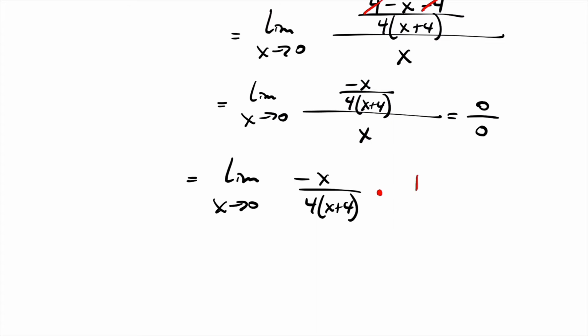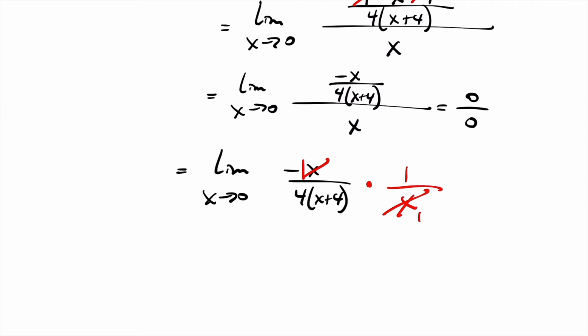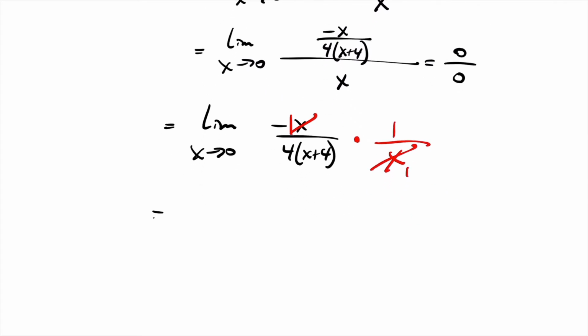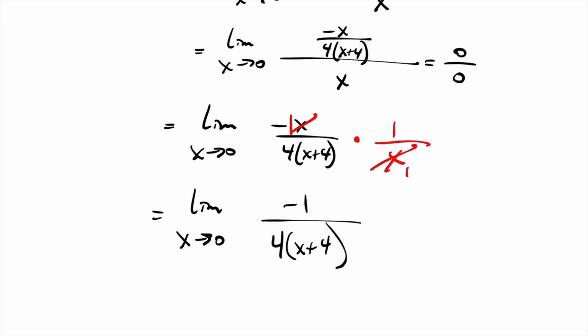So instead of divided by x, it's going to be times 1 over x. Now, when I do that, what happens? The x's will cancel out, yeah. This guy goes away, that guy goes away. So I still have a -1 there. So I have -1 on top, and then 4x plus 4 on bottom.